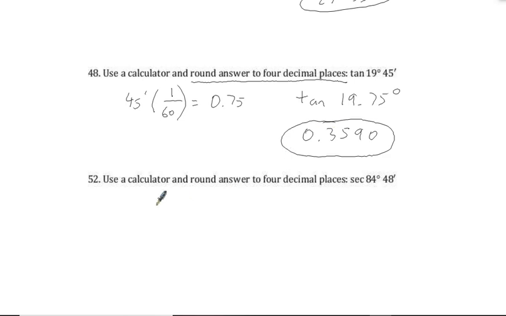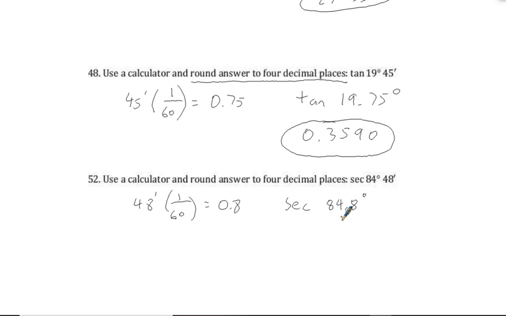In 52, the same thing. 48 minutes times 1/60th is going to equal 0.8. So I am asking to find the secant of 84.8 degrees. But there is not a button in the calculator for secant.